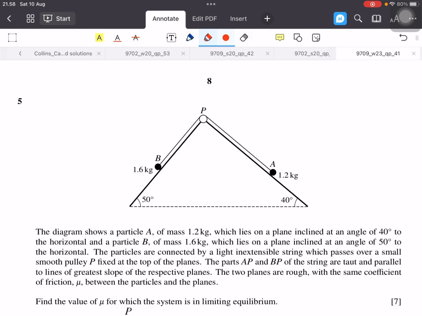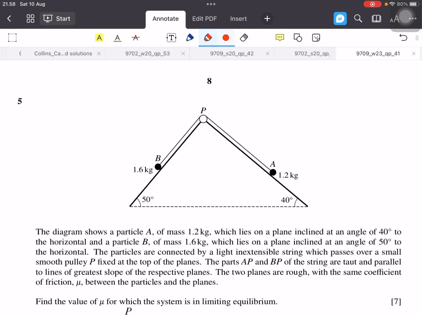And a particle B of mass 1.6 kilogram which lies on a plane at an angle 50 degrees to the horizontal. The planes are connected by a light inextensible string which passes over a small smooth pulley P fixed at the top of the planes.